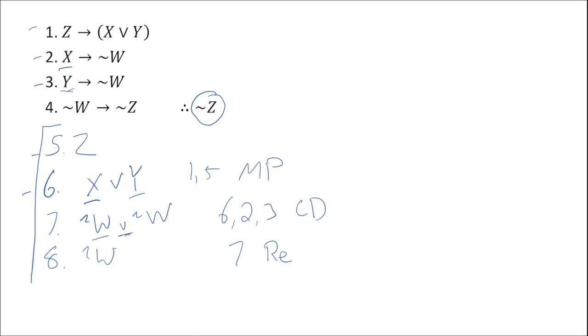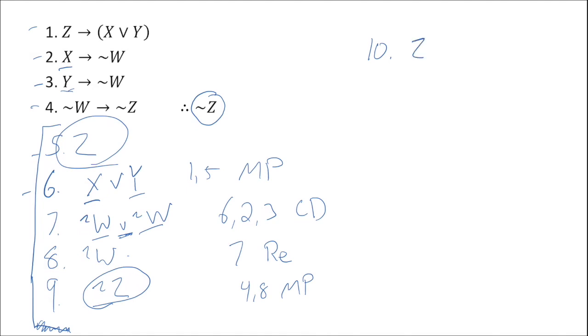And that allows us to take this tilde W off, from tilde W v tilde W. Now that we've got tilde W, we can look up here and get Z from 4, 8 modus ponens. Oops, not done yet. And now we can put together our contradiction, because here's what we have. We have tilde Z, we have Z, Z dot tilde Z, and that is from 5, 9 conjunction.